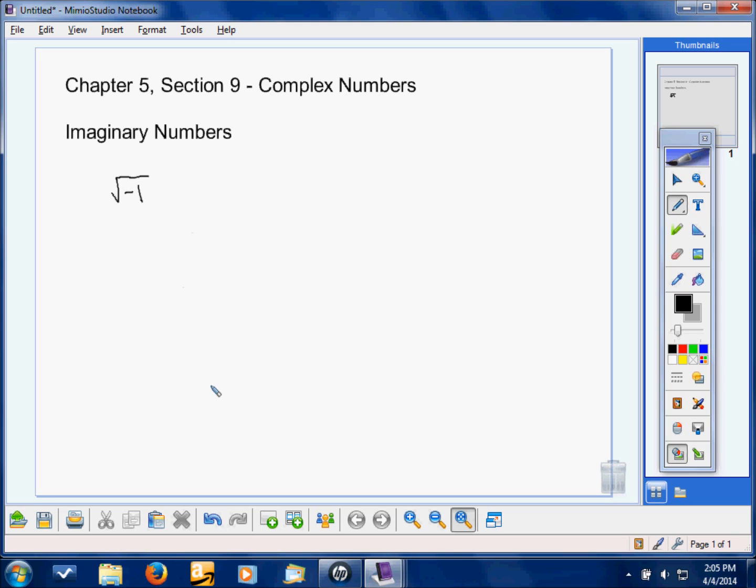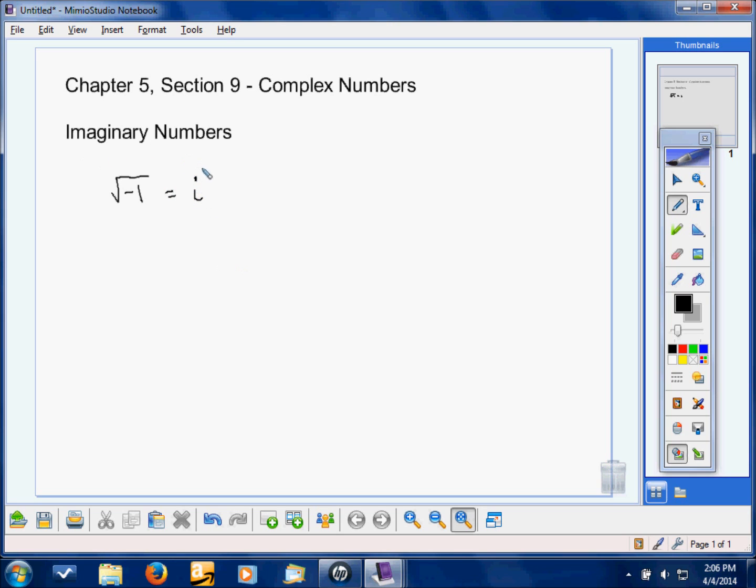Now, I want to make this as simple as possible. If we have the square root of -1, I'm giving you a brand new definition. The square root of -1 is represented by the lowercase letter i.